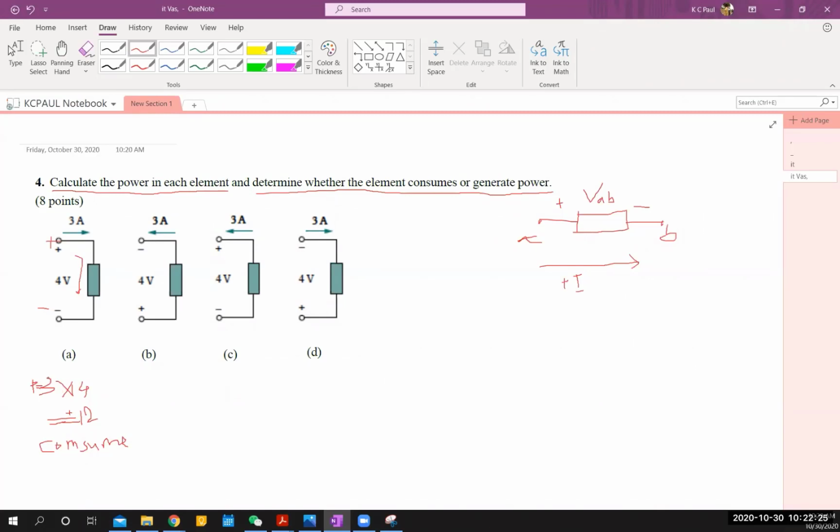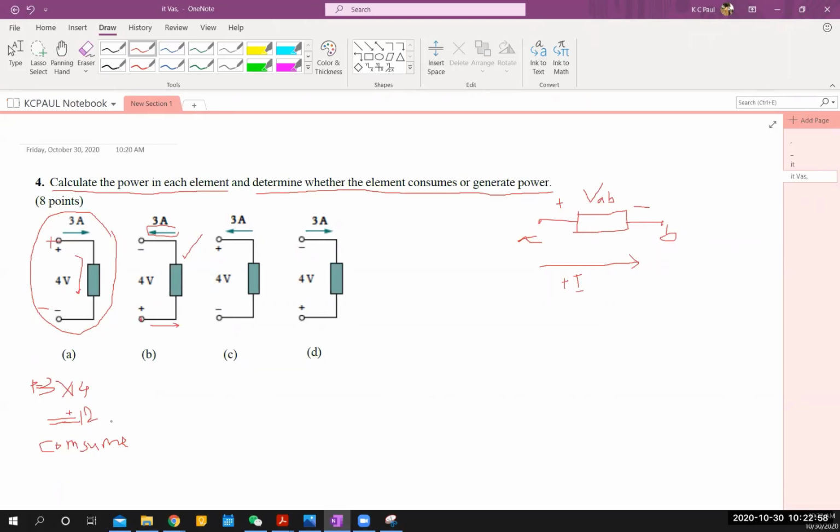Whenever there is a plus, obviously this one is consuming power. Now, if this one is consuming power, what about the second one? What is the difference from the first one, A and B? I see no difference, because this circuit is flipped vertically to get this one. The plus is here and current is exiting from this terminal, which is similar to entering the terminal here.